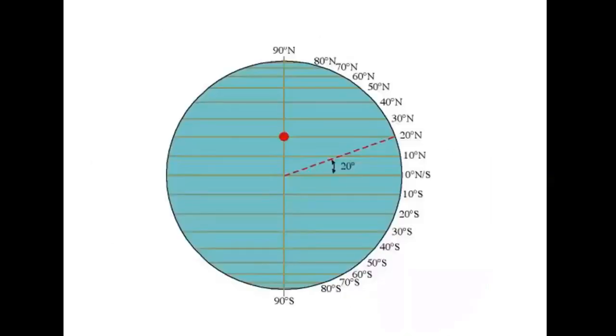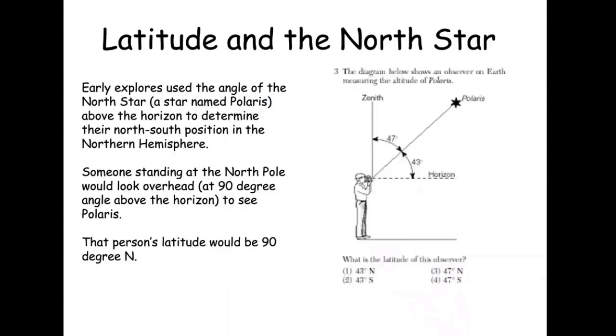This image shows that if the angle was 20 degrees, then point C would be 20 degrees north of the equator. Early explorers used the angle of the North Star, a star named Polaris, above the horizon to determine their north-south position in the northern hemisphere.